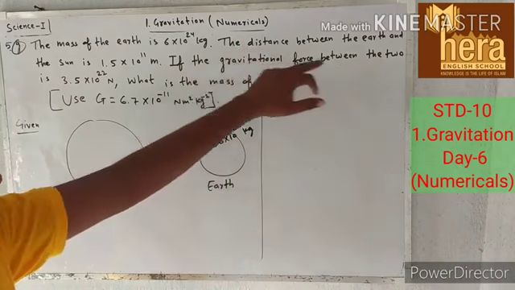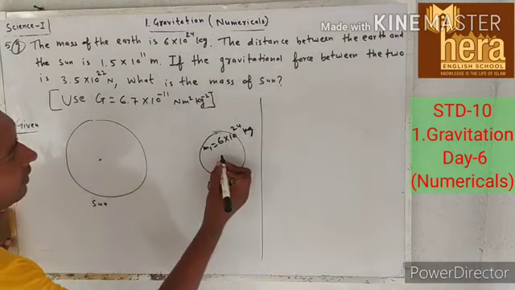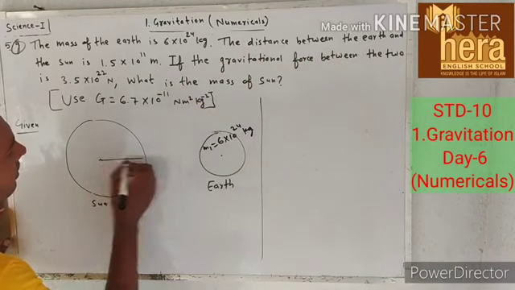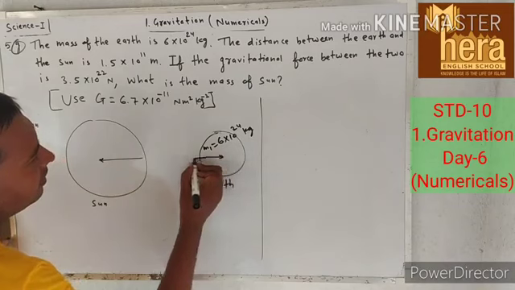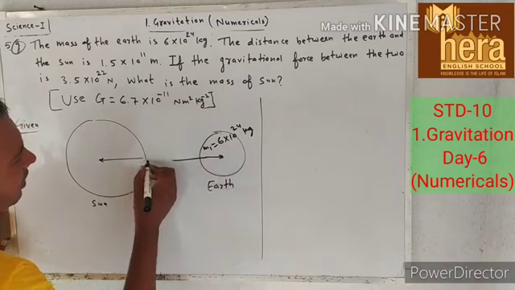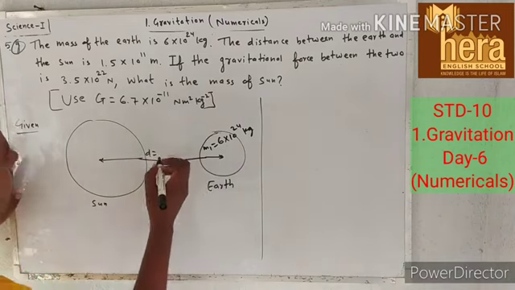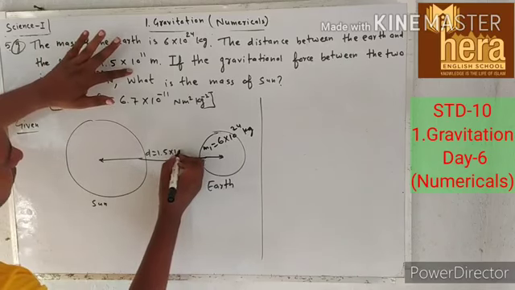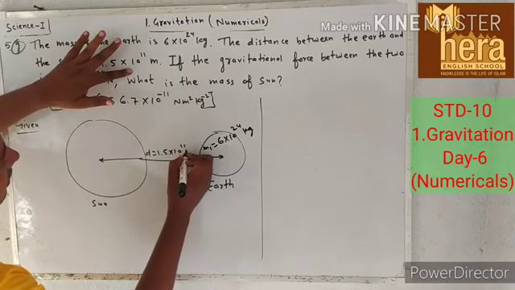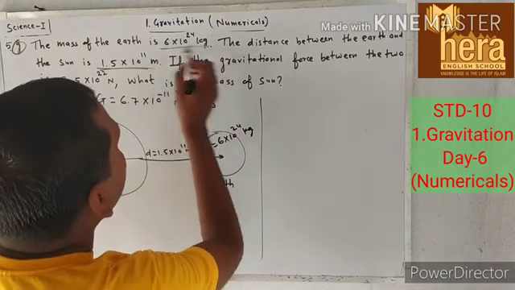The distance between the Earth and the Sun is given. Distance from the center of the Earth to the center of the Sun, D is equal to 1.5 into 10 raised to 11 meter. Distance is given, mass is given.